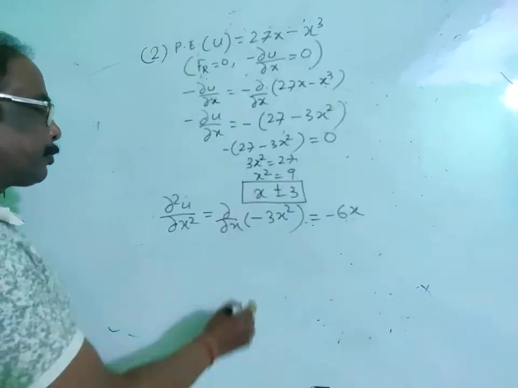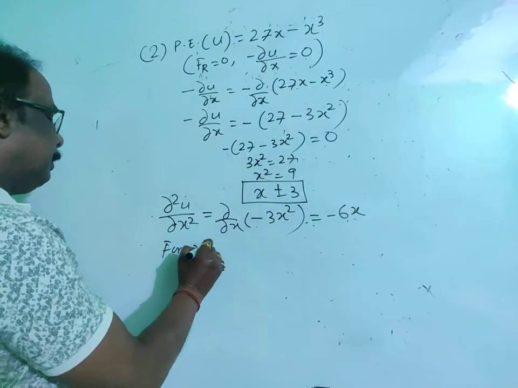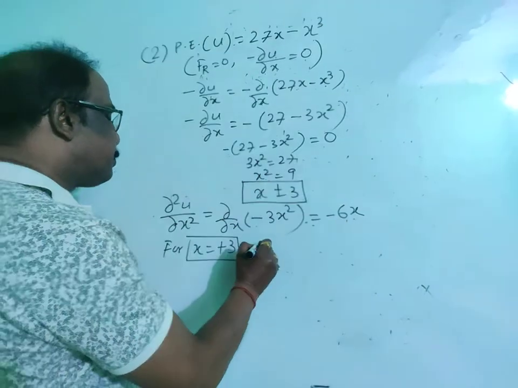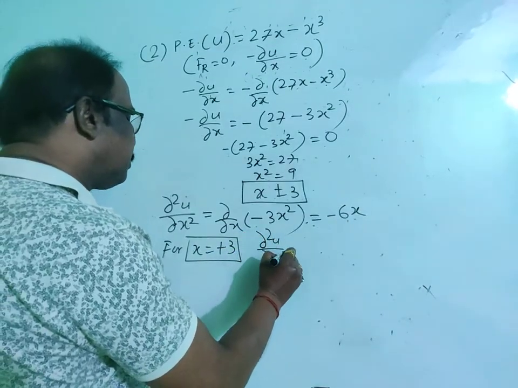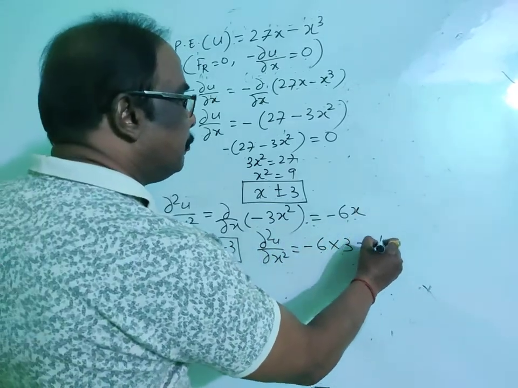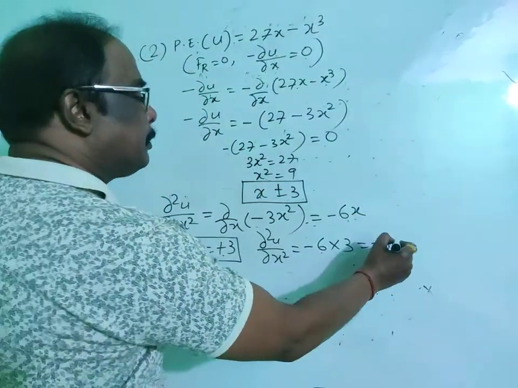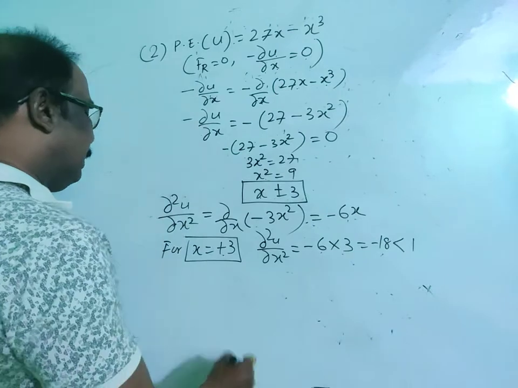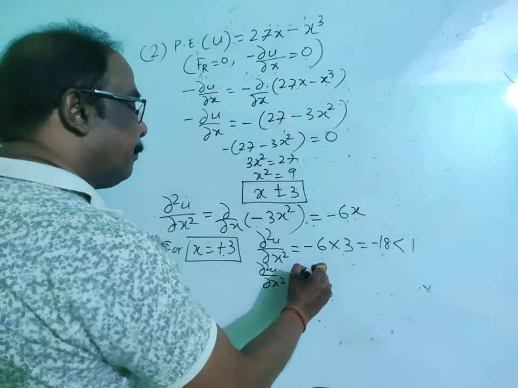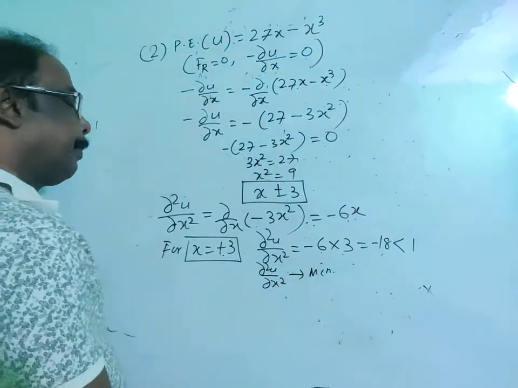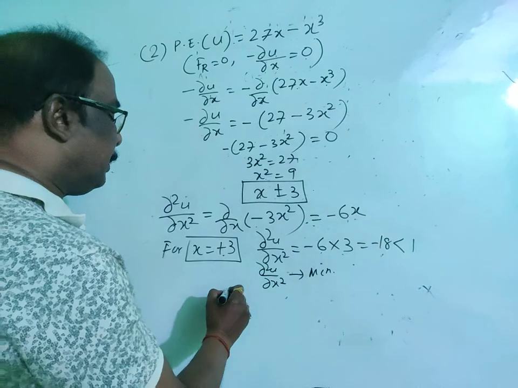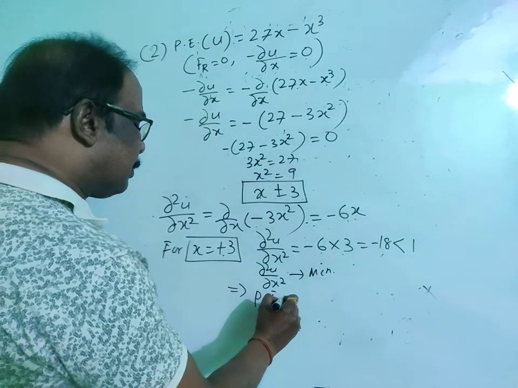So for x is equal to plus 3, d square u by dx square is equal to minus 6 into plus 3, that equals minus 18, which is less than 0. Less than 0 means maximum in d square u by dx square form, so potential energy is maximum.